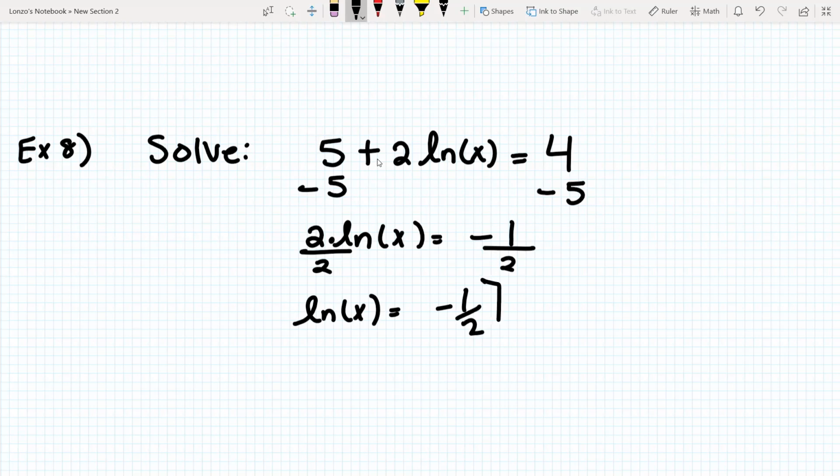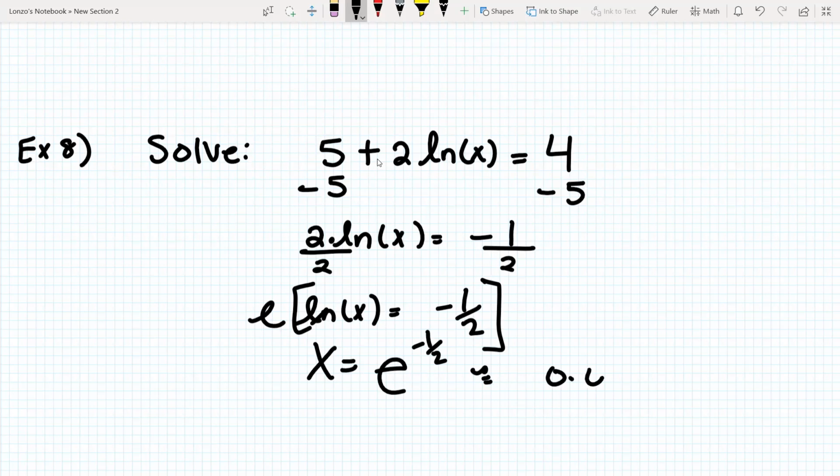So the only way to get rid of the ln is raising everything to the e power, because ln and e are inverses. So over here, these cancel. You're just left with x on the left side. And then on the right side, you have e to the -1/2. And if you want, that's about 0.607 rounded to 3 decimal places.